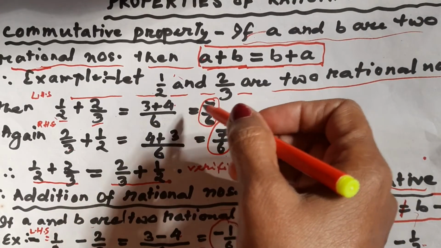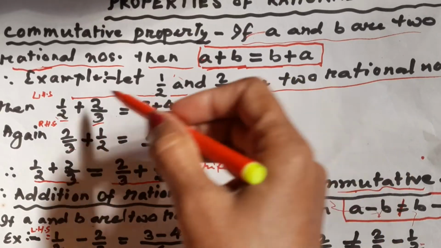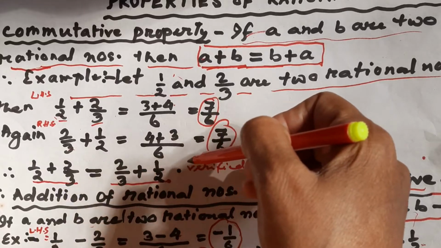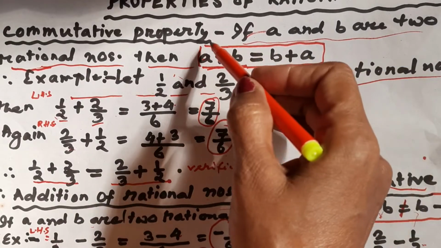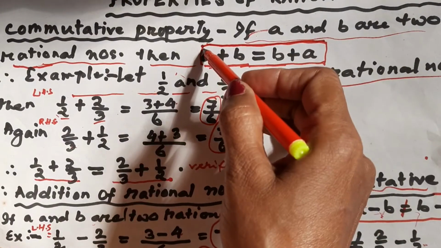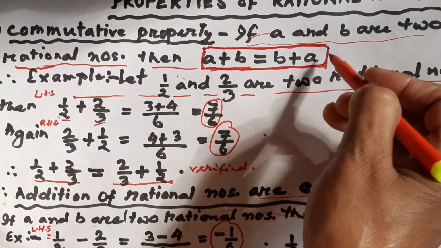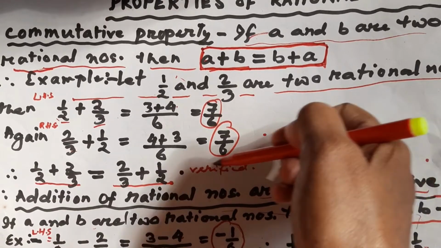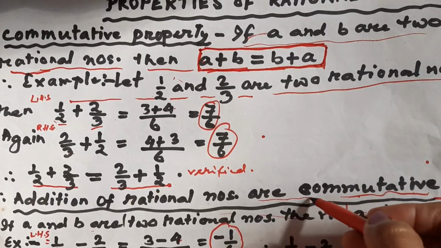Therefore, we have seen that both the LHS and RHS, that is, left hand side and right hand side values, are equal. Therefore, a plus b equals b plus a. This commutative property is verified. Therefore, we can write that addition of rational numbers is commutative.